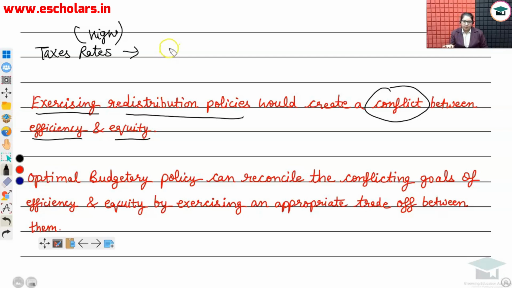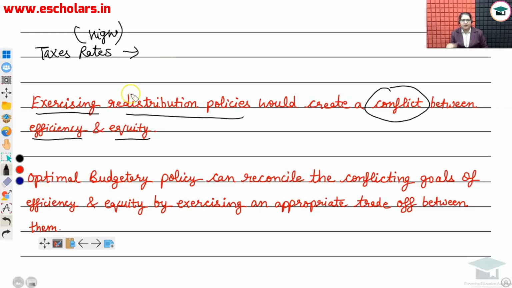It might demotivate entrepreneurs in enhancing their income, and ultimately it affects the society's output, income and growth.